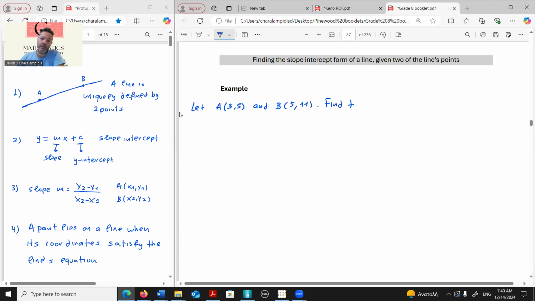Find the slope-intercept form of the line passing through them.